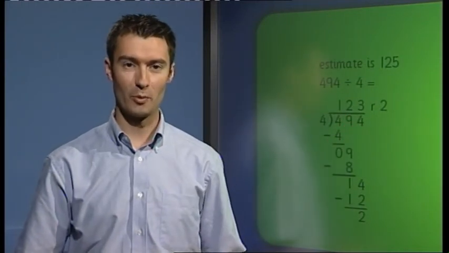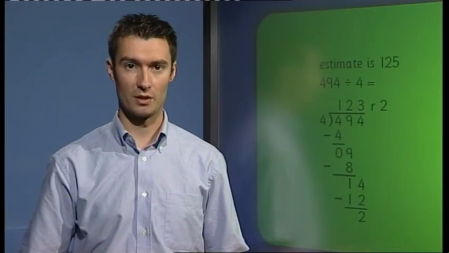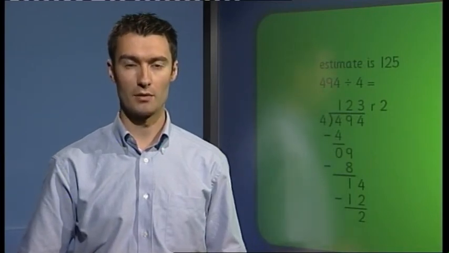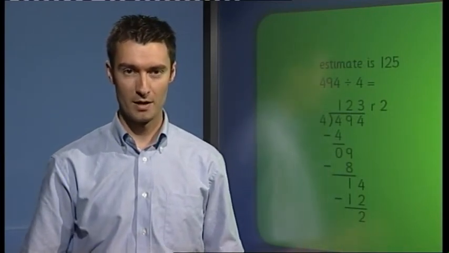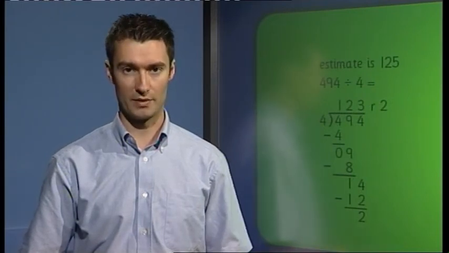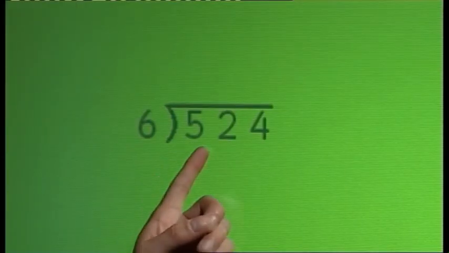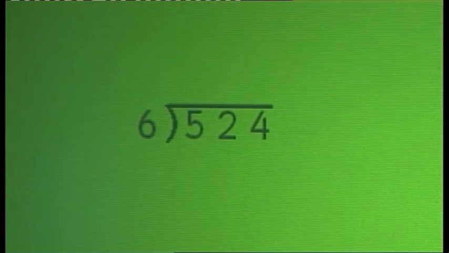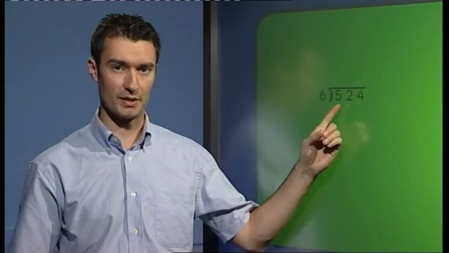Okay, you can always use short division like this, starting with the hundreds. But sometimes when you do, the hundreds digit can be smaller than the number you're dividing by. So let me just go back to one of the ones we did before and show you how you deal with that. Remember this one. 524 divided by 6. Now, last time we ignored the units and asked how many 6s are there in 52.